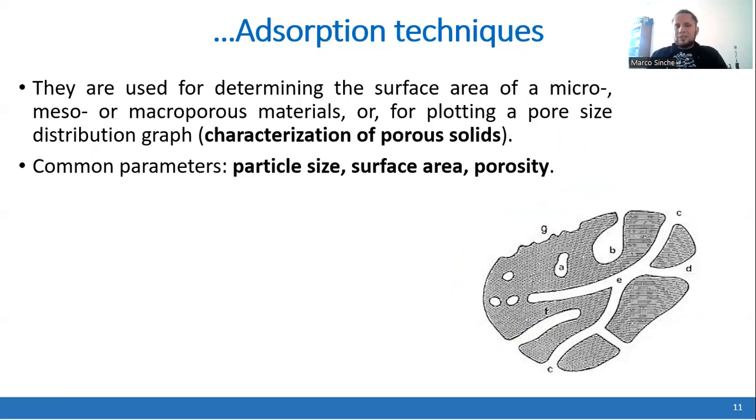This graph will tell how many micropores, mesopores, and macropores are present in a material, and is very useful to characterize, for example, some catalyst. The commonly determined parameters through these techniques are particle sizes, surface areas, and porosity.